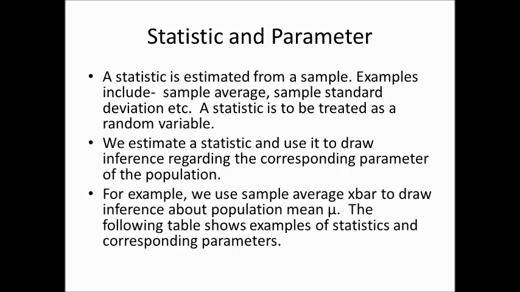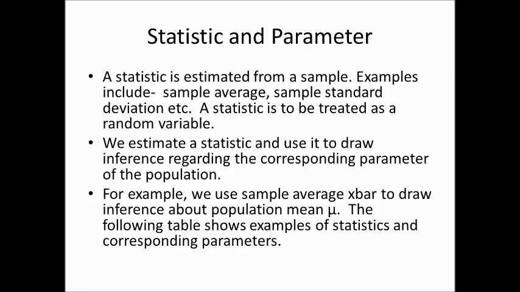For example, we use the sample average, the standard notation is X bar, to draw inference about the population mean, which is represented by the Greek symbol mu. So X bar is a statistic. We take a representative sample, get individual values, get an average, that's a sample average.